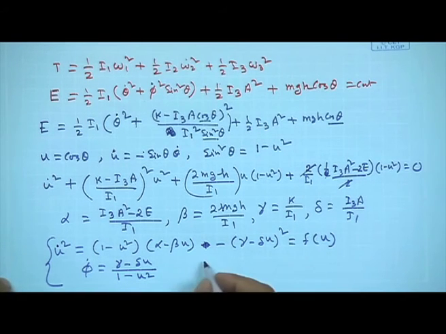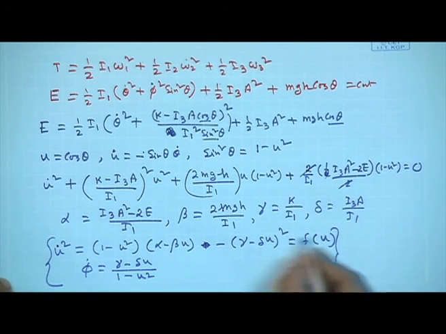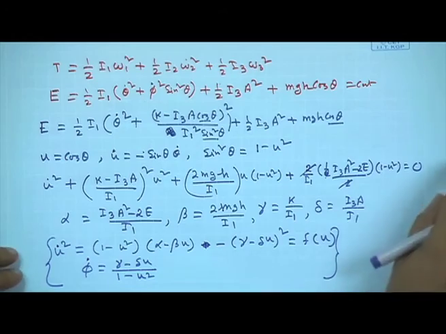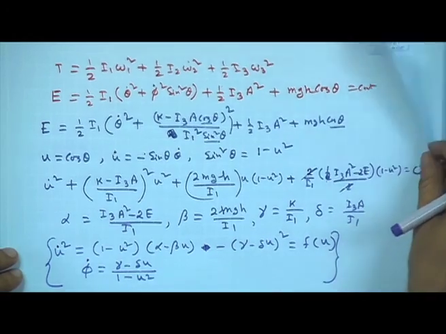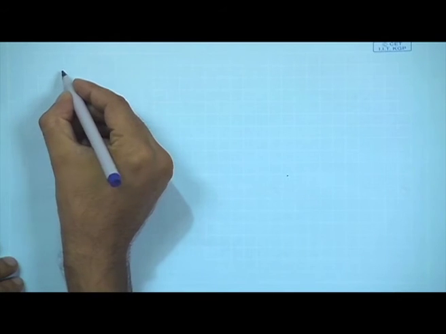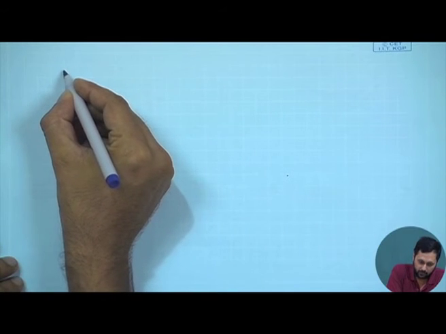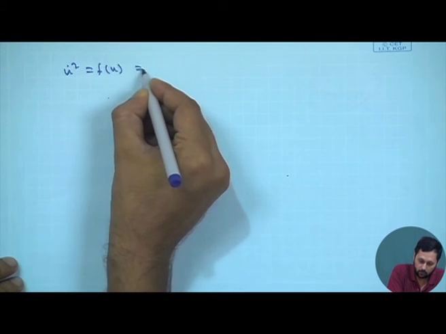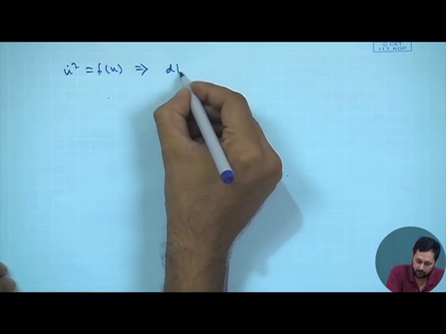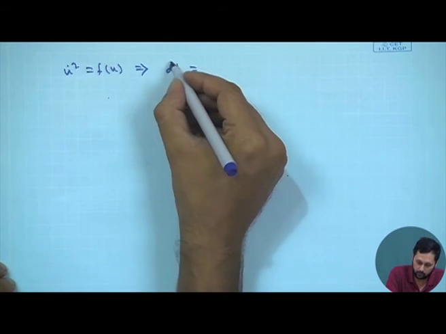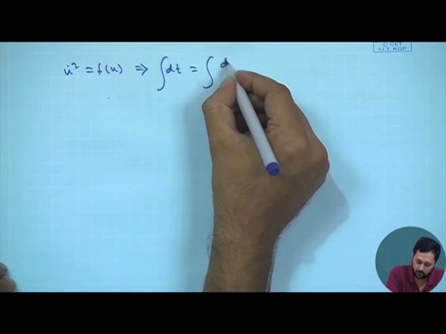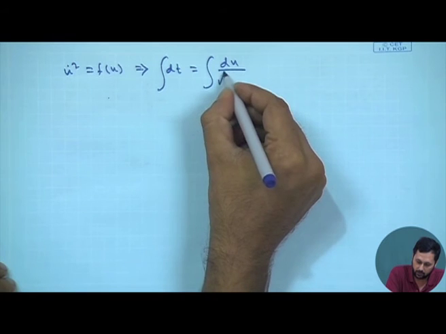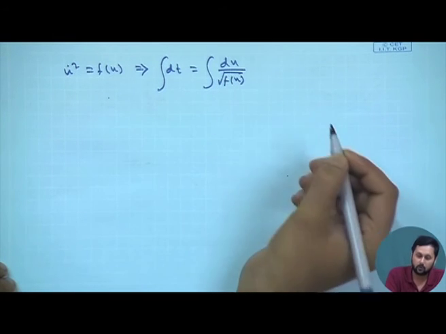Now, if we try to integrate the first equation, the second equation also we can integrate in principle. So, if we try to integrate these two equations, what do we need to do? If we take the first equation, u dot square equal to f of u, it will be integrated to give the integral of dt equal to the integral of du by root f of u, right.